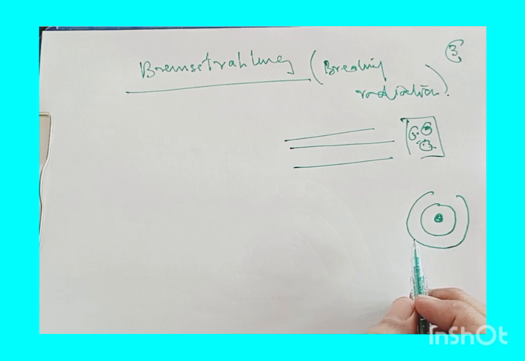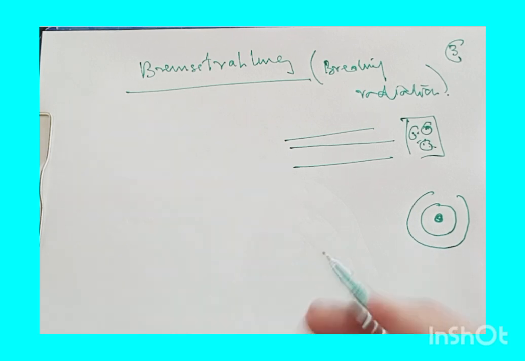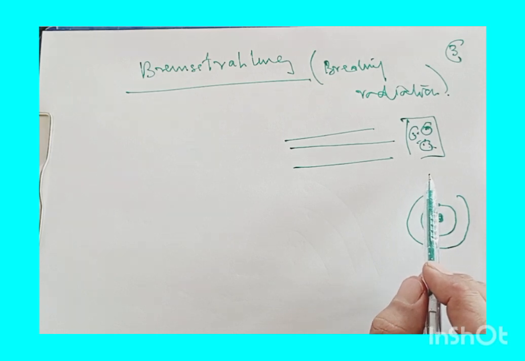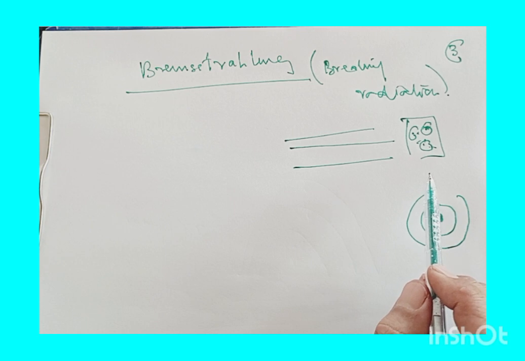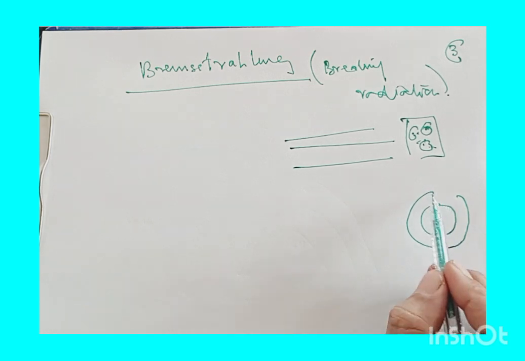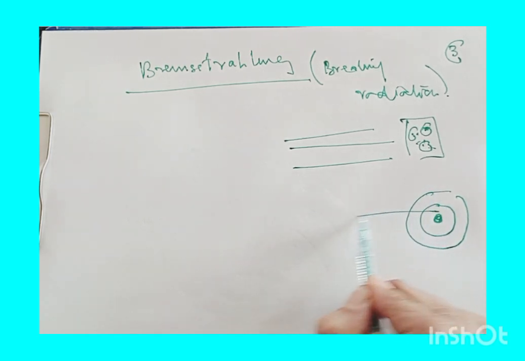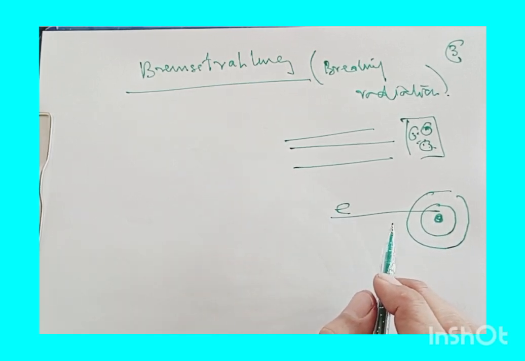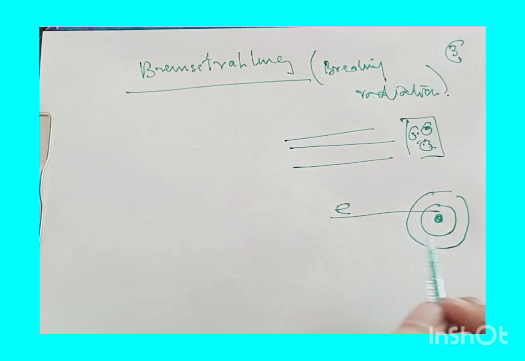When these electrons go deep into the target material, the nuclei exert a strong electrostatic interaction with the electrons moving in the vicinity of the nuclei. Therefore, the electron deviates from its original trajectory.